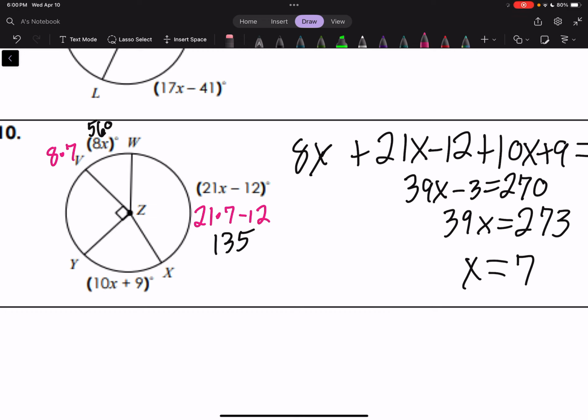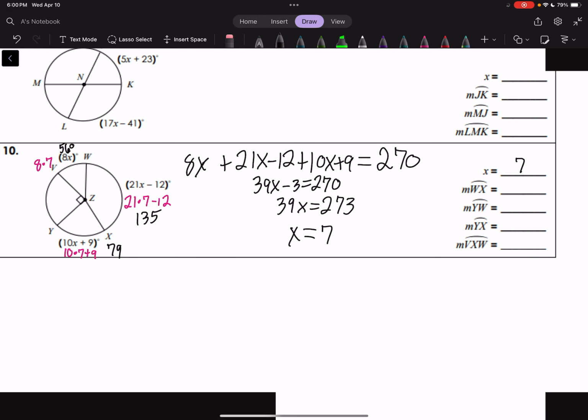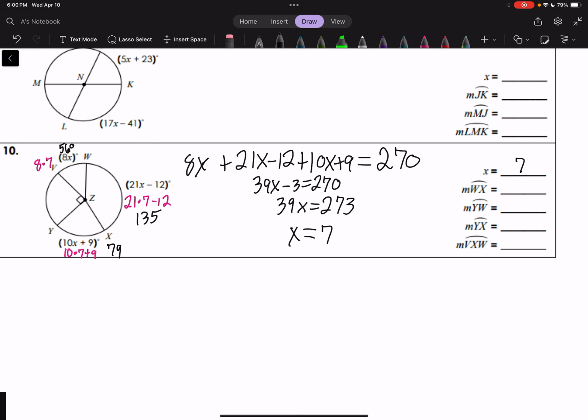I'll check that here and make sure it's right. 10 times 7 plus 9 is 79. And yes, my math did end up correct. Okay. Measure of WX, 135.